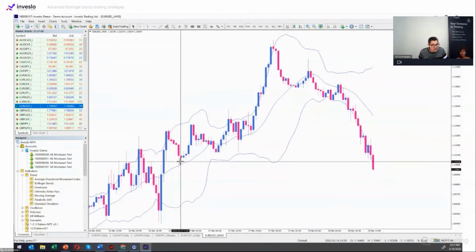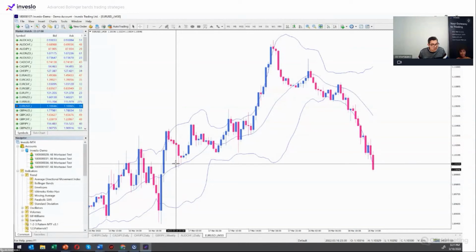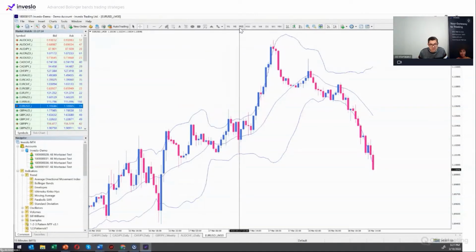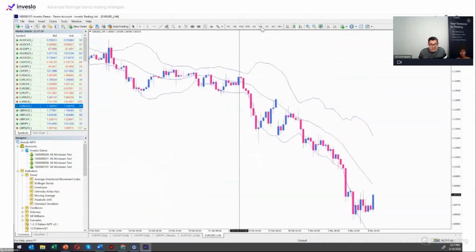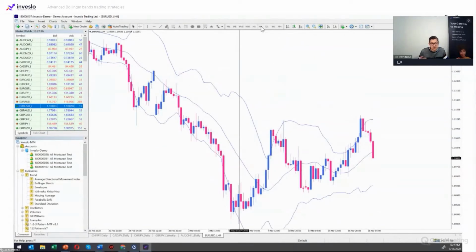Making these highs and lows here just reflects the present sentiment of the market in shorter time frames. And so if you want to find more stable trends, or let's say the intermediate trends, it is better to go to a higher time frame like the H4 or the daily time frame.